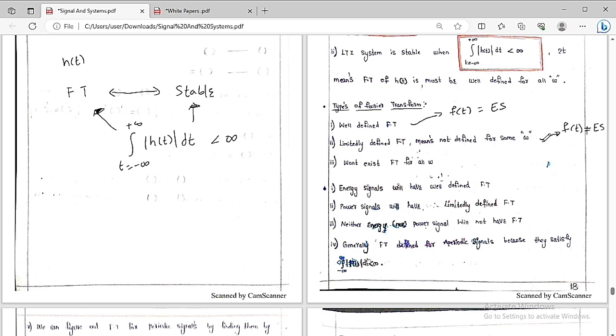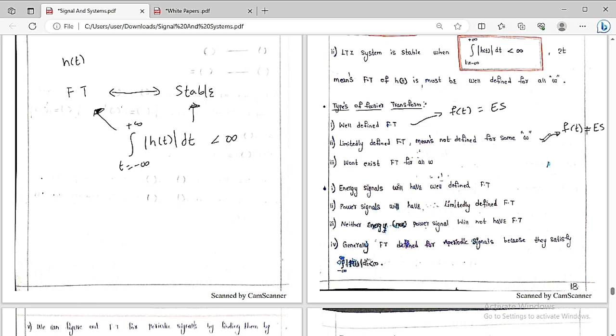So finally, regarding the types of Fourier transform: if the given signal is an energy signal, meaning the signal is absolutely integrable, then the Fourier transform exists for that signal and it is well defined. For each and every value of omega, we get a finite value of F of omega.